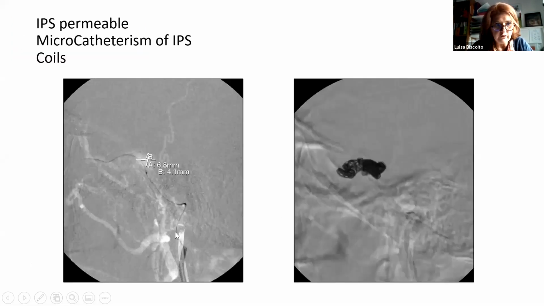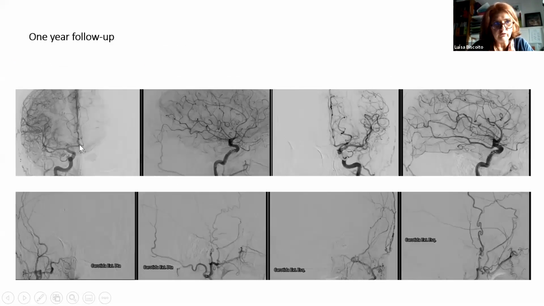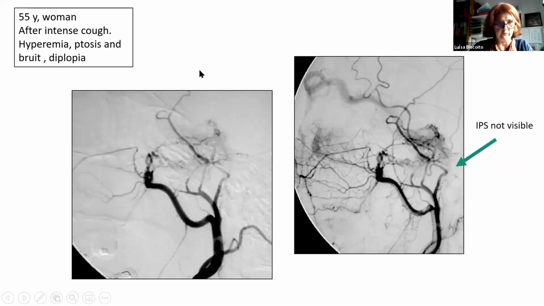And it was easy. We went by the IPS, and then we occluded with coils and excluded the fistula. The IPS was permeable, so it was the ideal treatment.